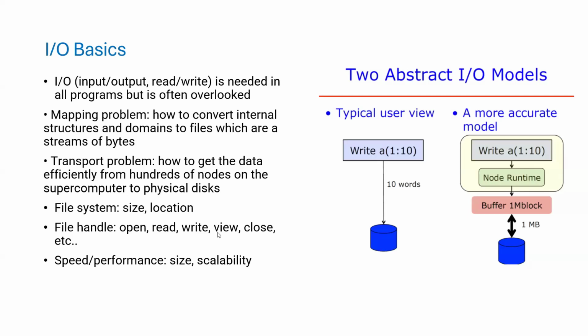And at the end, you need to release the handler and close the file. In terms of parallel I/O, the other big things are performance and speed. That depends on the data size and on scalability. There are many factors in that end, so we may address some, and we may not.